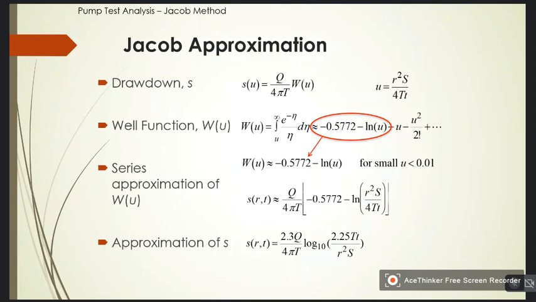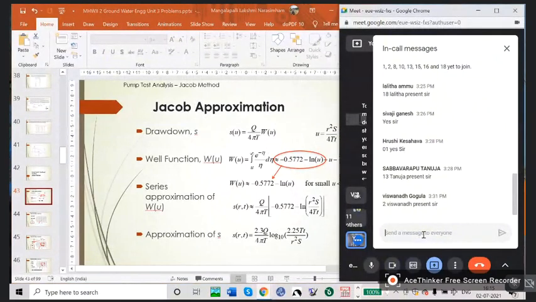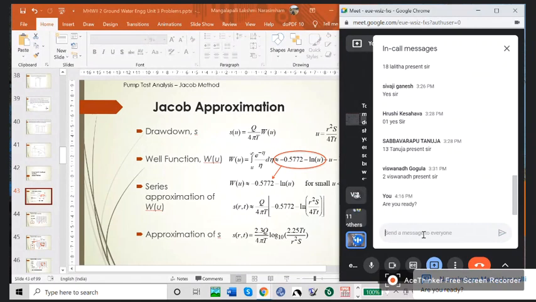Now let us proceed to the Jacob method. So now are you ready for the next method?